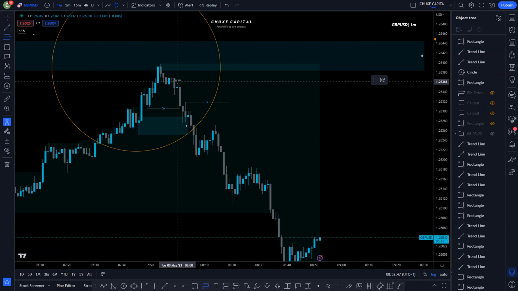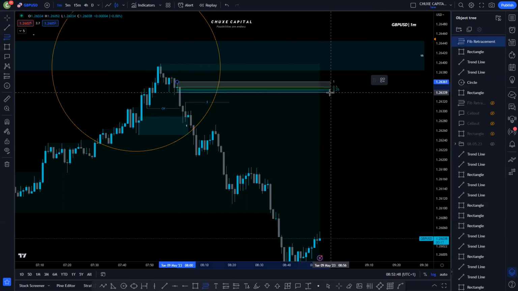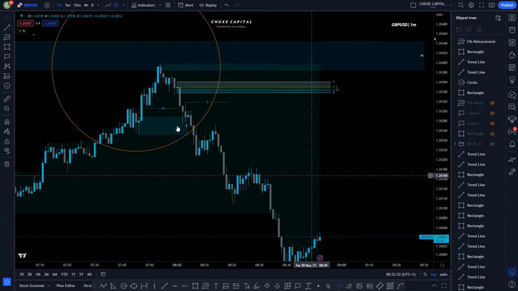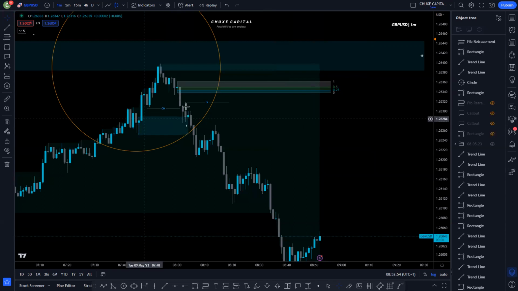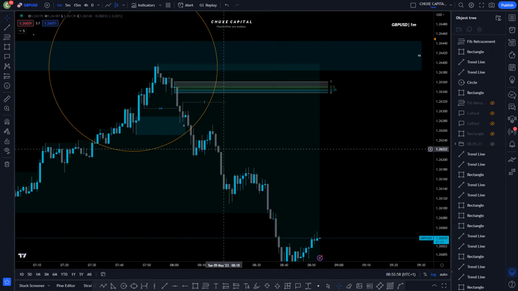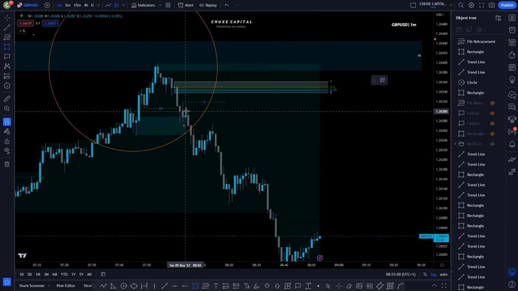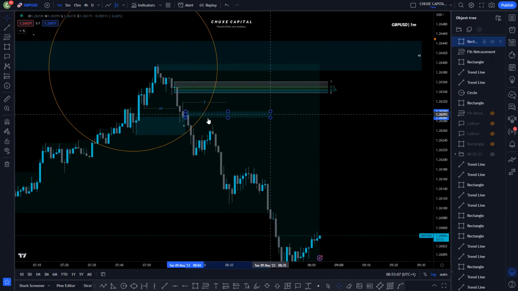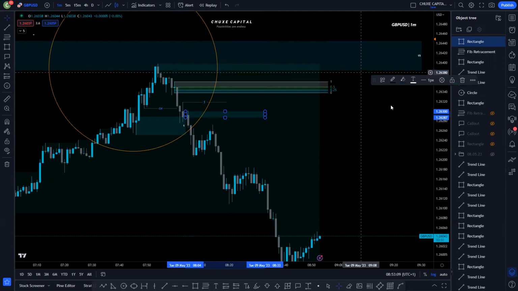So I could have entered from here, considering that this liquidity is taking the taps and goes. And then we had this flip that created this. So that's the flip that happened.